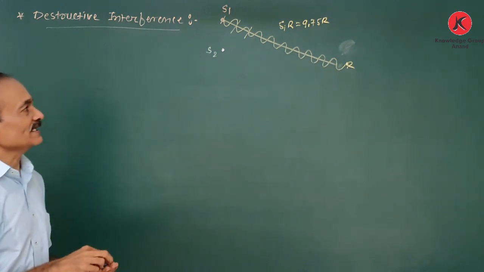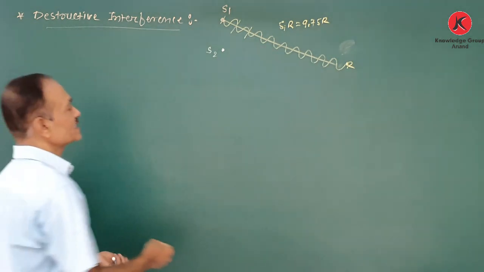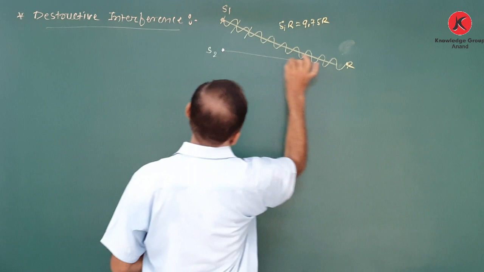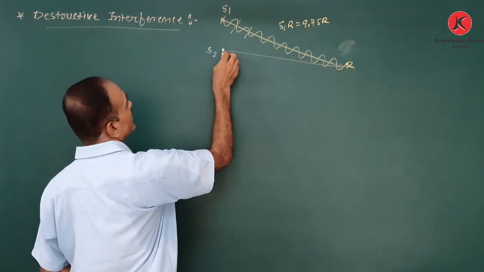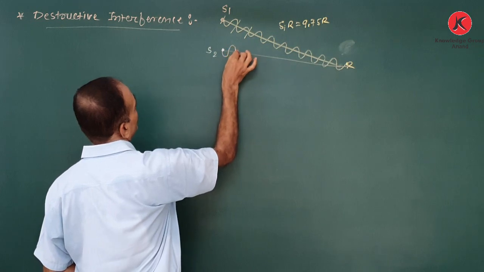And the wave from S2, S2R, has length 7.5 lambda.